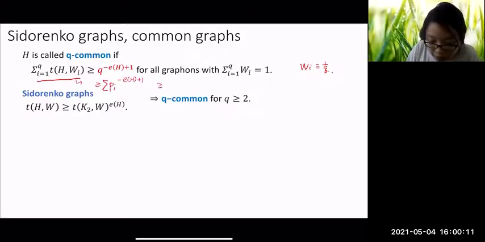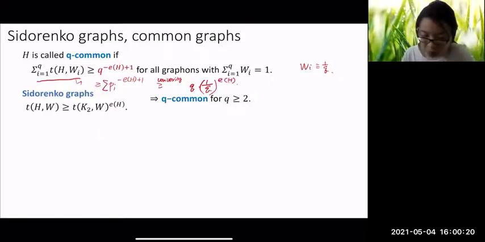Then by convexity, this is at least q times 1 over q to the e(H). So this shows that if a graph is already Sidorenko, which is hard to prove of course, then it is going to be q-common for any q. This is a trivial consequence.